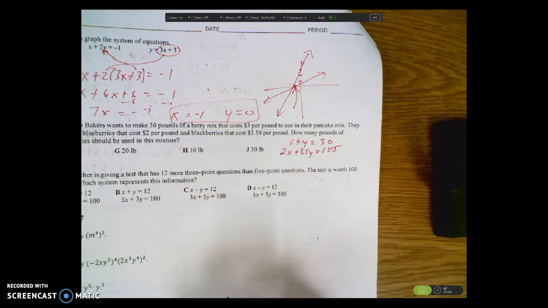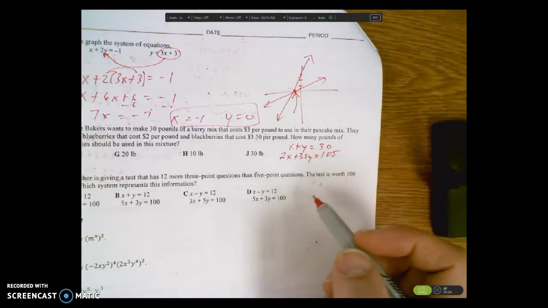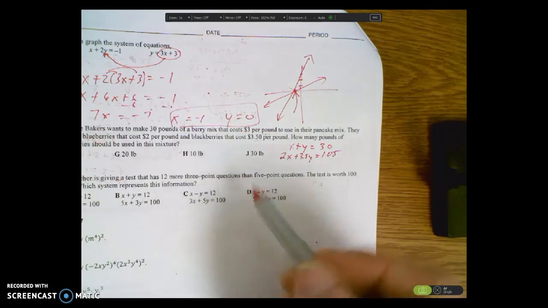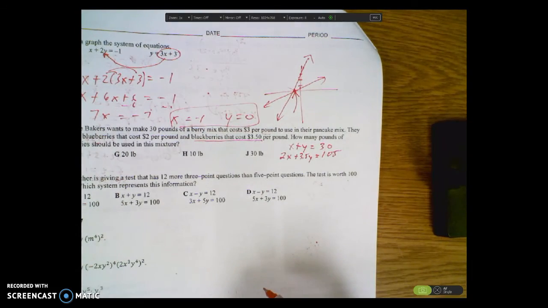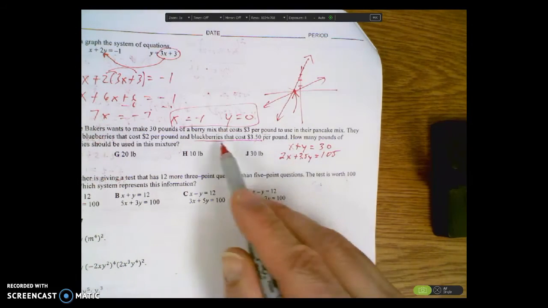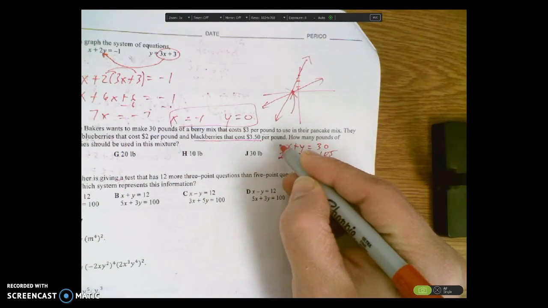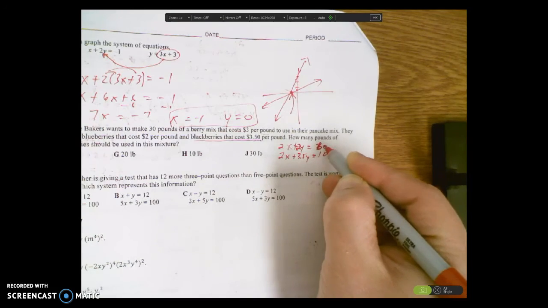Now, depending on how you want to do this problem, I think elimination is good. How many pounds of the blackberry mixture? Blackberries cost $3.50 per pound. So I'm going to eliminate the x's, and that'll give me the y equation, because blackberries is our y. I'm going to multiply everything by 2, and that makes 30, 60.